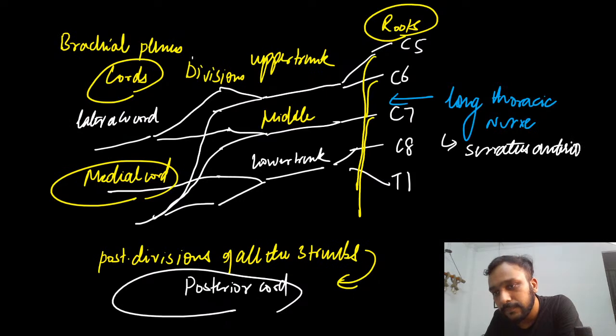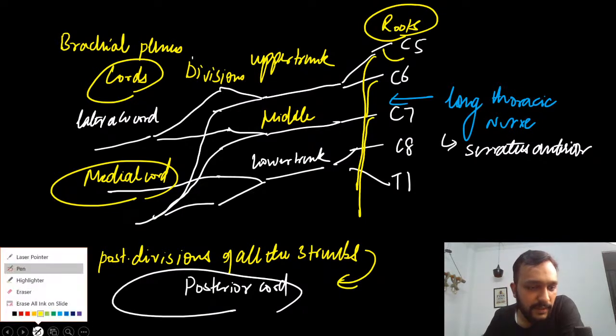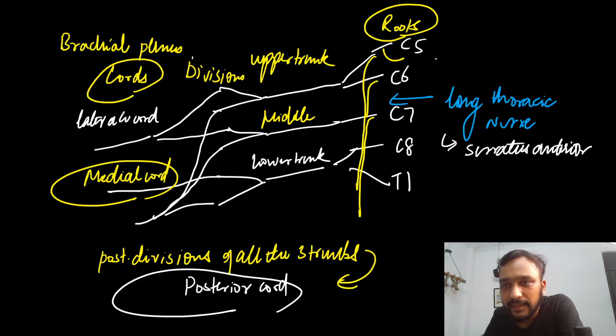Right? And another branch that is going to come from the roots, very good. The branch that is going to come from the C5 nerve root will be your dorsal scapular nerve.